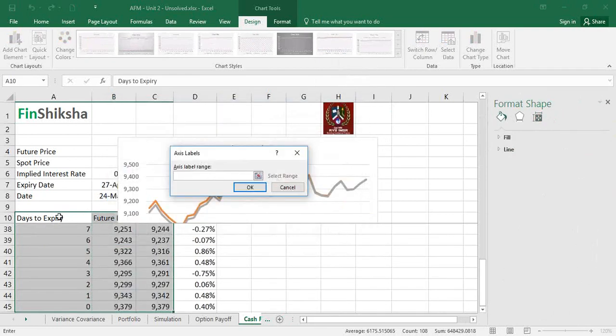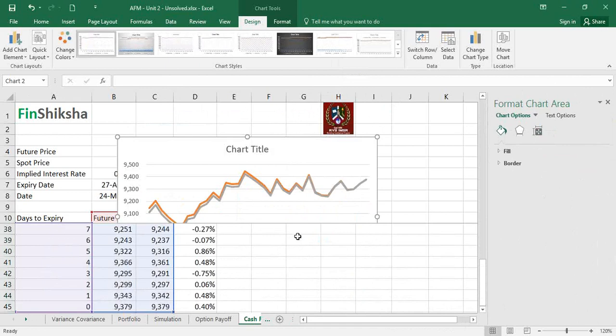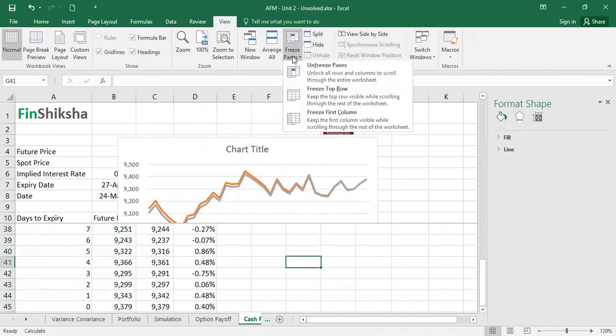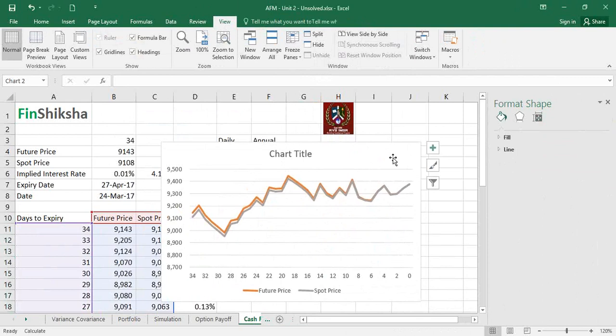My x horizontal axis label range is this entire set from 34 onwards till down. So that's my horizontal axis. Click on OK. Let's go to view and let's remove the freeze pane so we see the chart clearly, right?